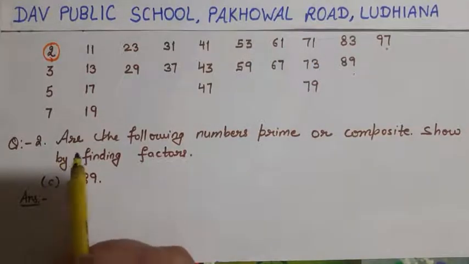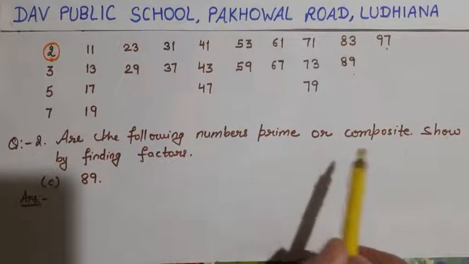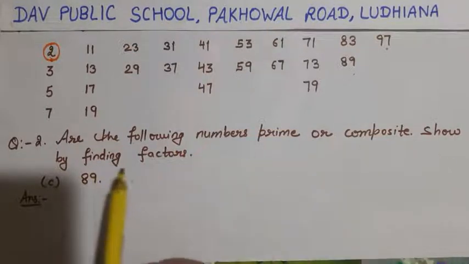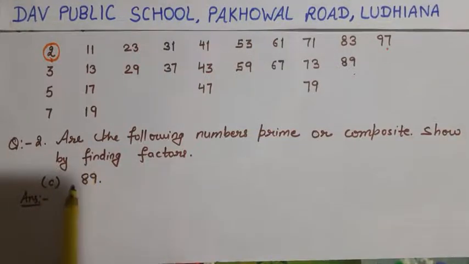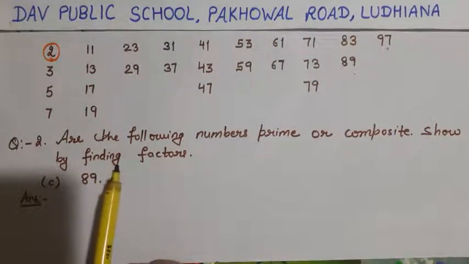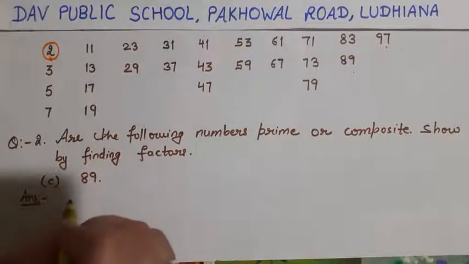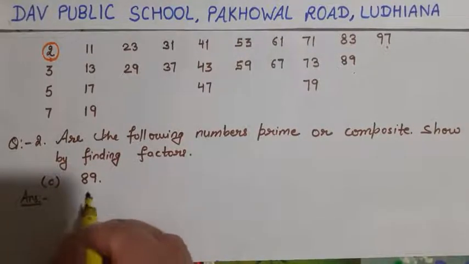Question number 2. Are the following numbers prime or composite? Show by finding factors. C part, 89. You have to first find out the factors and then we'll check if it is prime or composite. First of all, find out the factors of 89.